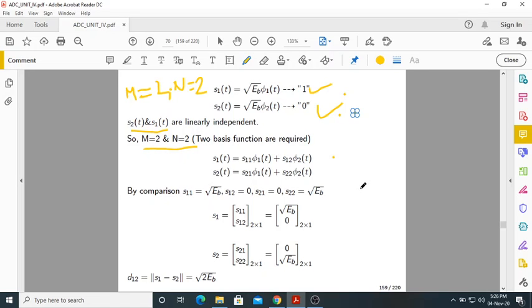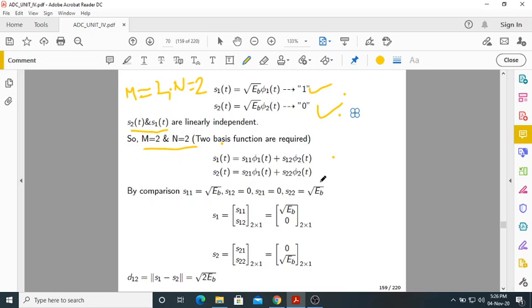Now from the standard formula, what is S1 of t? S11 phi 1 of t plus S12 phi 2 of t. S2 of t equals S21 phi 1 of t plus S22 phi 2 of t. Please just go and read the signal space analysis. It is very difficult for me to go to the signal space each and every time.